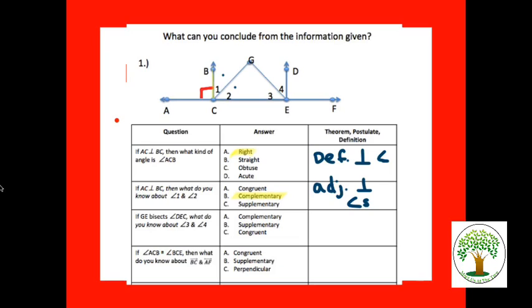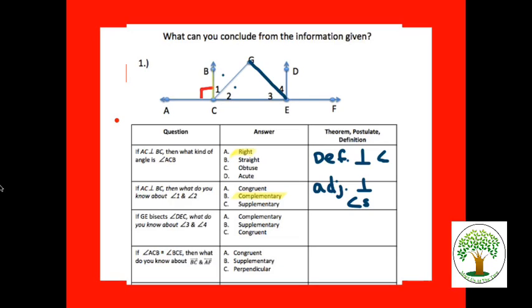All right, next one. If GE bisects DEC, what do you know about angle 3 and 4? If something bisects, does that make them complementary, supplementary, or congruent? What does it mean to bisect something?